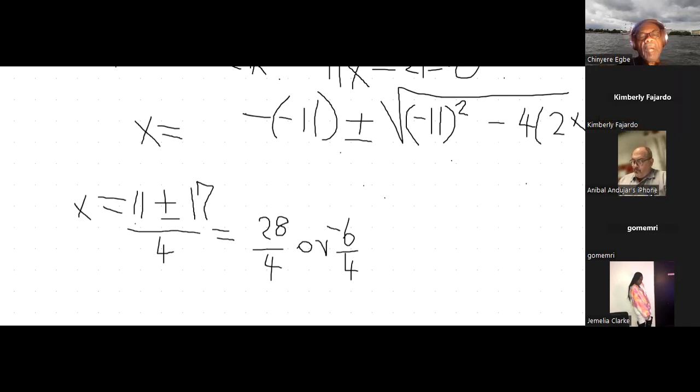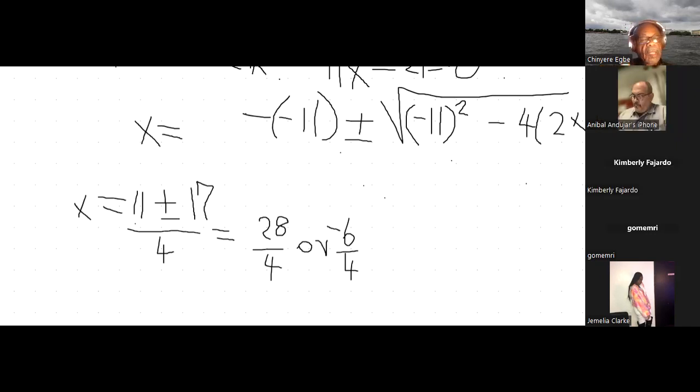All right, so we have 28 over 4, which is 7, or -6 over 4, which is -3 over 2, when you divide 6 and 4 by 2. Am I correct? So it's -1.5.